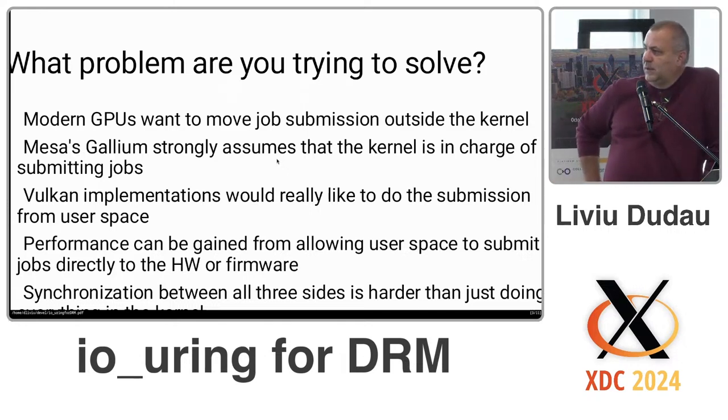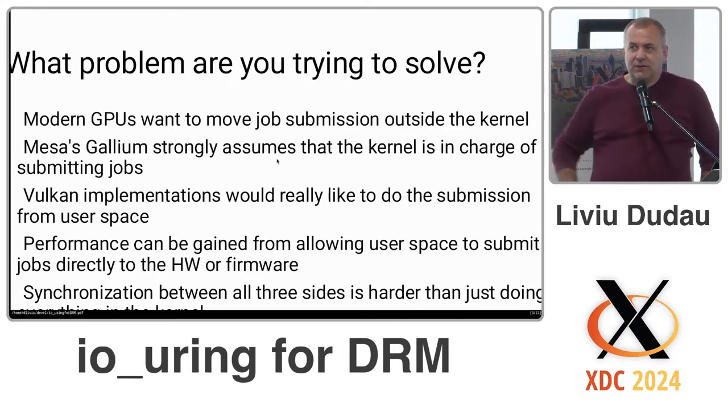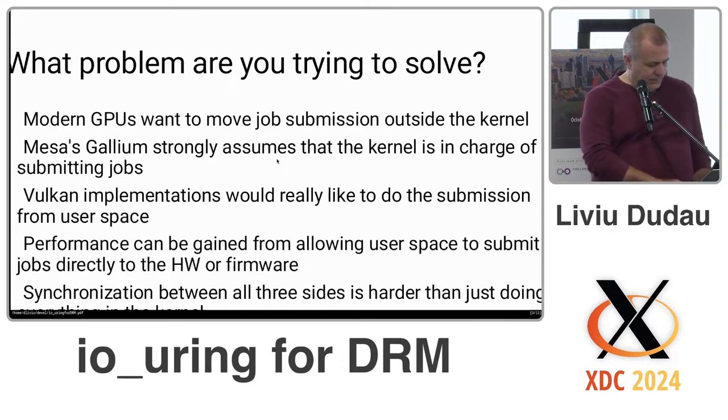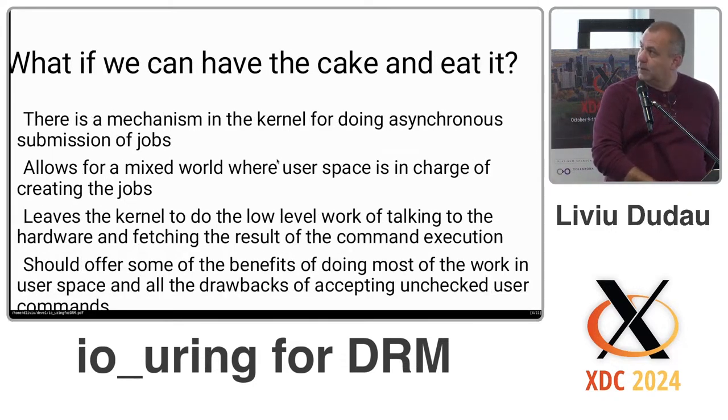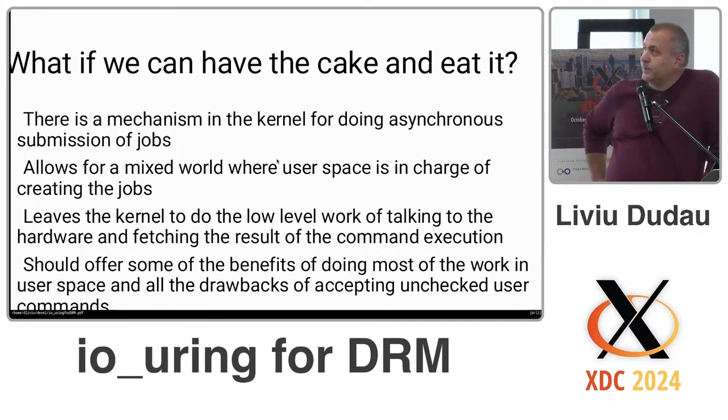And trying to synchronize between user space, kernel, and firmware or hardware, it's not that easy. So what I was thinking about: what if we can have kernel mode submission and still have user space submitting jobs, and we still don't pay the context switch cost by using io_uring, right?